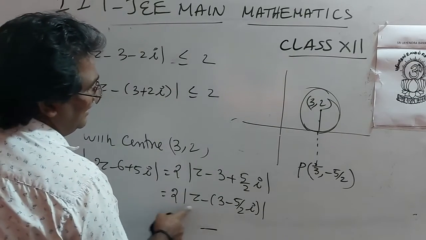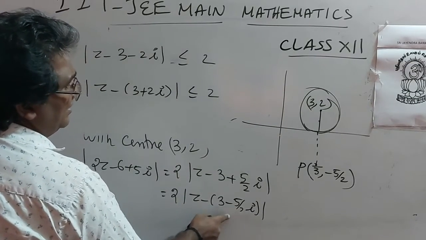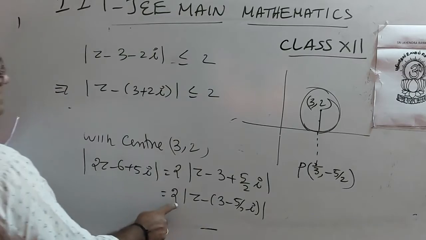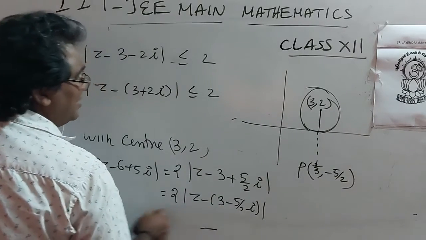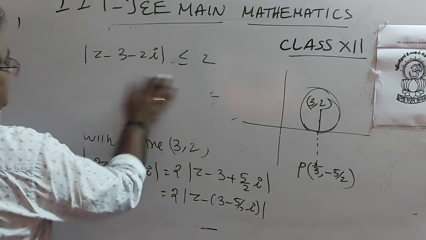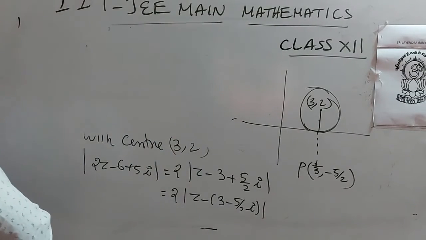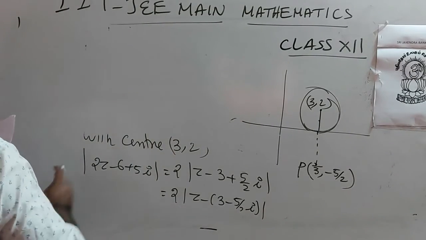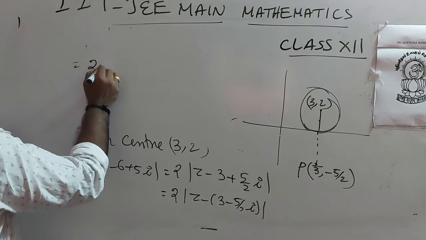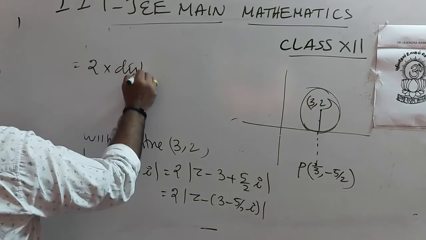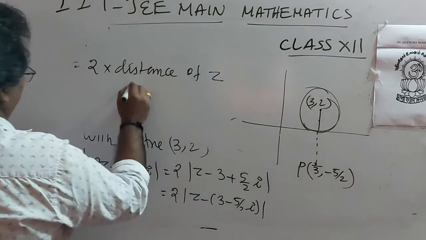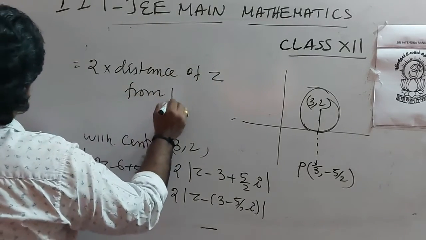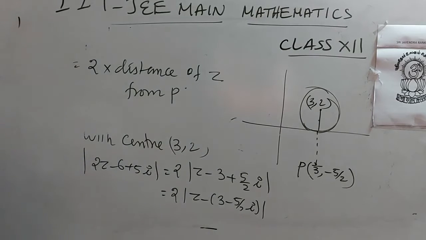This means if this point represents P, the distance |Z − Z1|, that means the distance between Z and the point P, is 2 into the distance of Z from P.